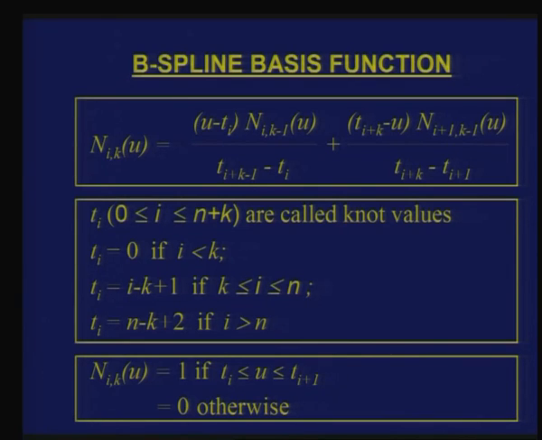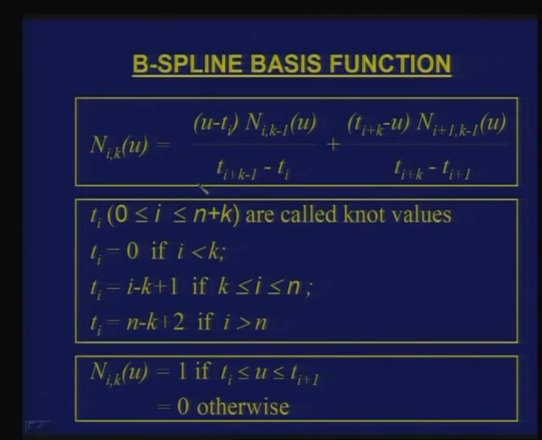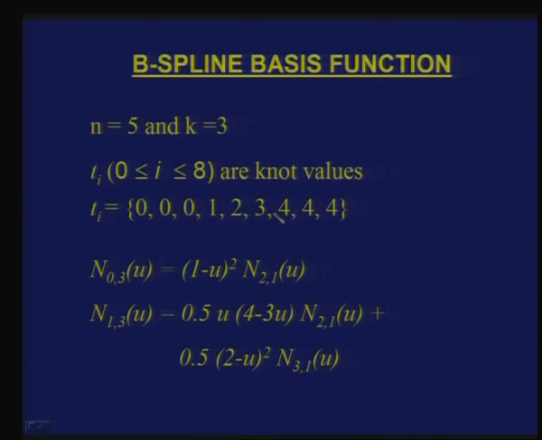Now, let us just look at a simple example. For example, if I have n equal to 5 and k equal to 3, which is this thing. We know that the knot values go from 0 to n plus k. N plus k here is 8. If I substitute in the previous expression which we have seen, I can obtain all the knot values which are this.